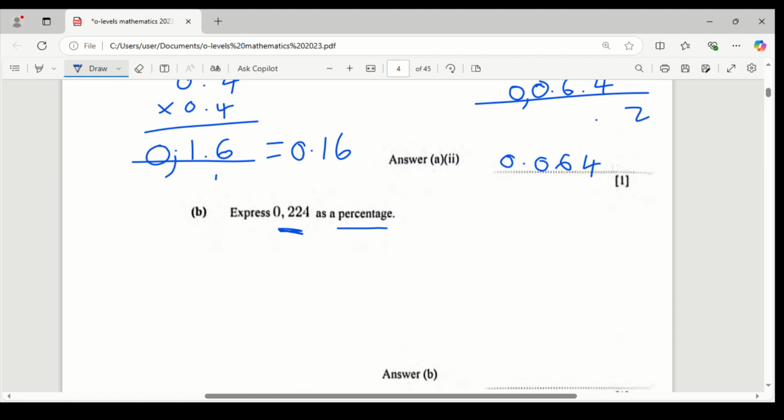Since we have got many methods to tackle this, you can first convert it to a fraction.